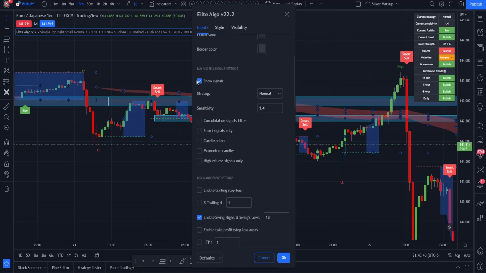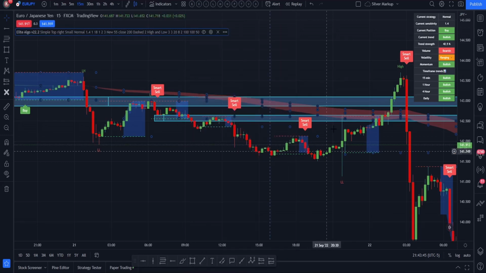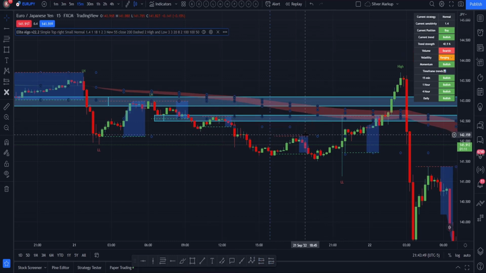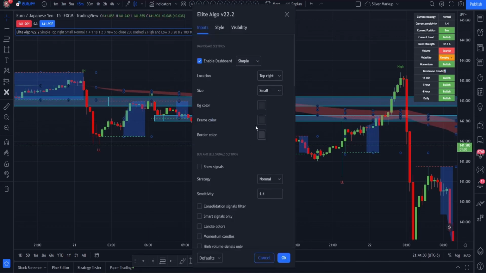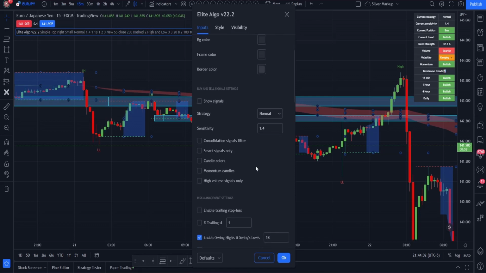So let's take off this signal. I think and see if it's hiding behind this smart sell. Let's see. I believe so. So no lower high. You see? So that's not an area that you trade because it didn't confirm the pivot in the market.